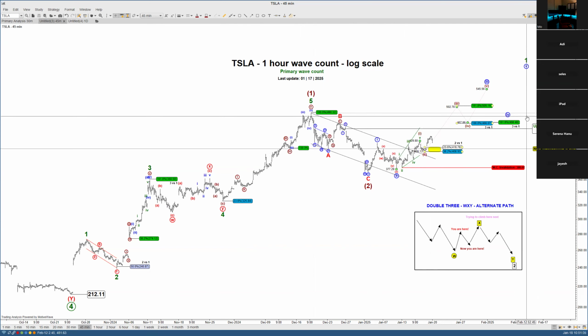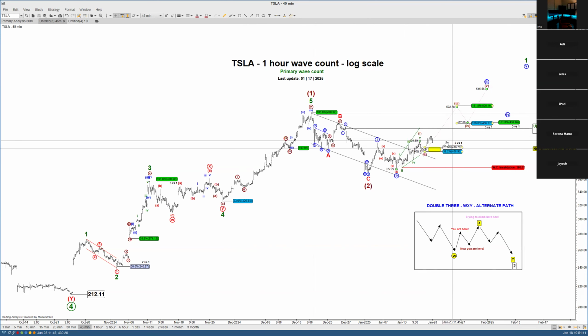This will trigger this. So we're not there yet. We're about 15 points shy of that print, and we didn't really even come close to it yet. So you're going to watch 455, and that's what I will be watching as well. It's 455. This is a 78.6.